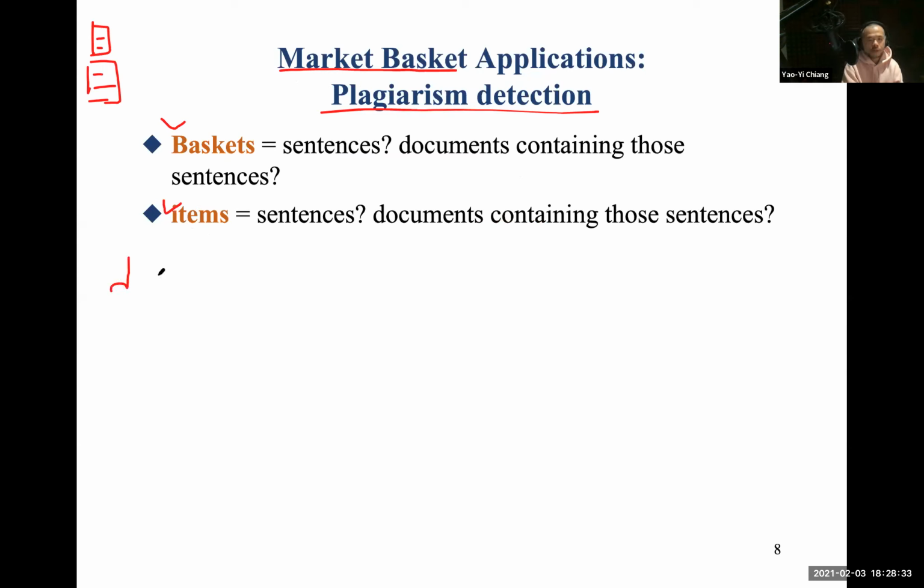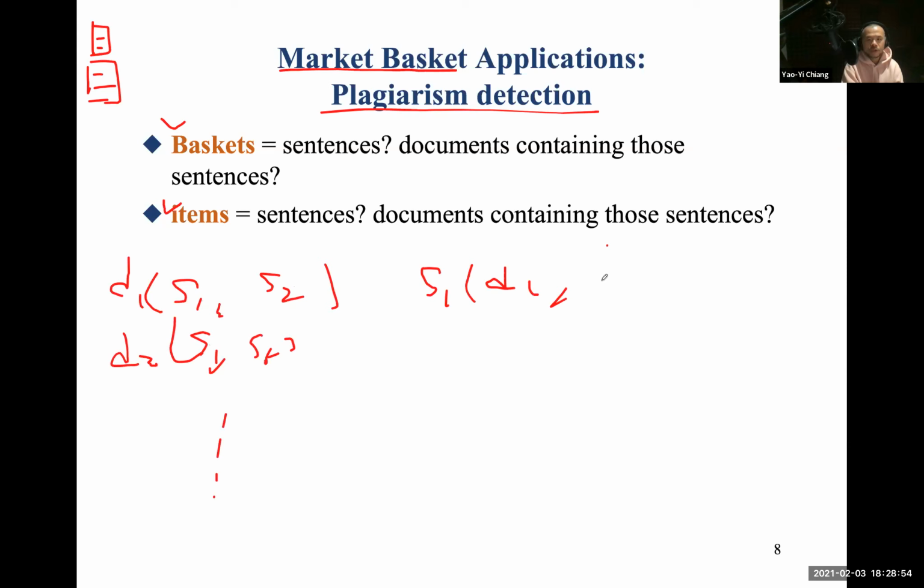All right, so document 1 contains sentence 1, sentence 2, document 2 also contains sentence 1, and sentence 5, and so on, right? If you use sentence as document, you would say sentence 1 appear in document 1 and document 2. Sentence 2 appear in document 1.